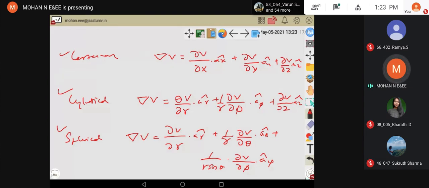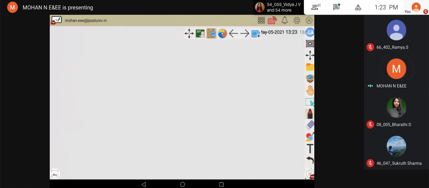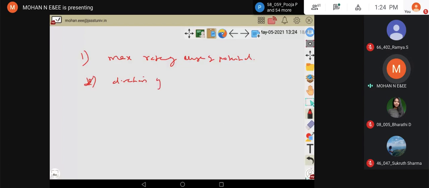Okay. So what are the properties of this gradient? The gradient gives the maximum rate of change of potential, and it gives the direction of the maximum rate of change of potential, which is related to the field.